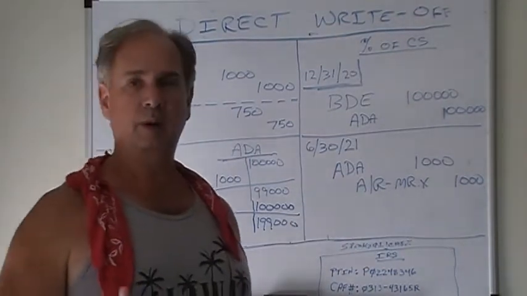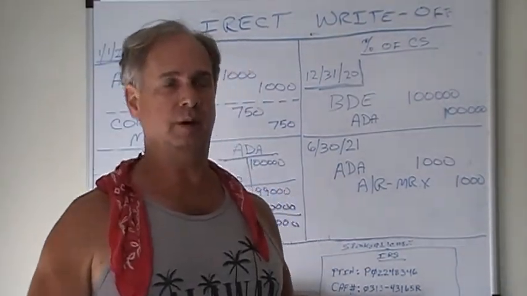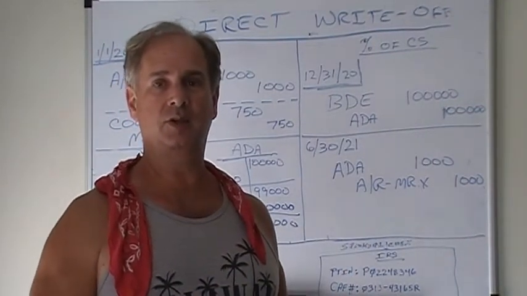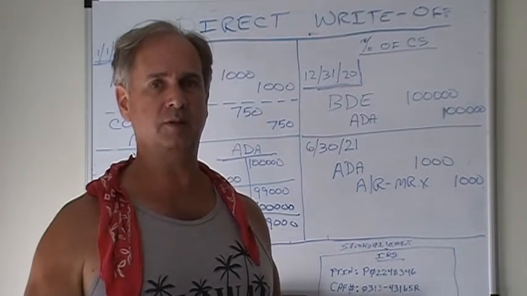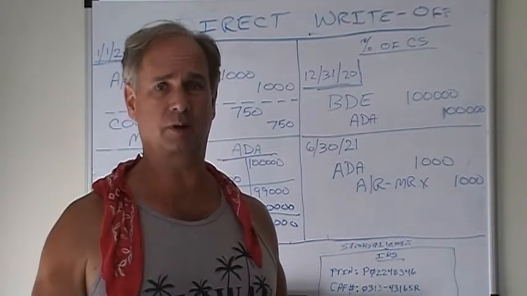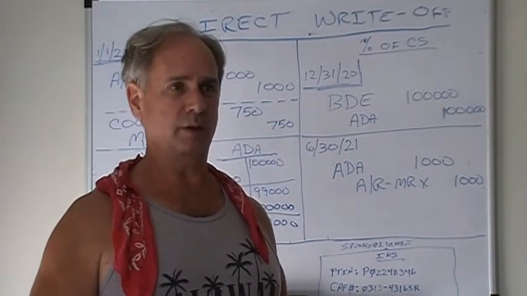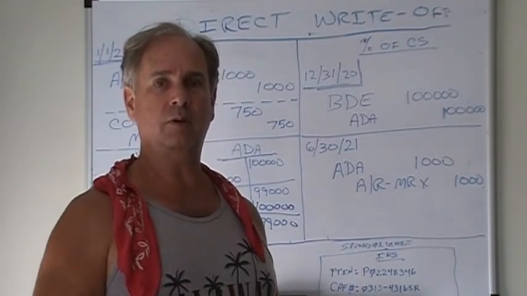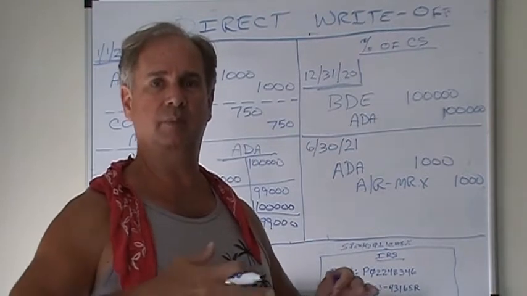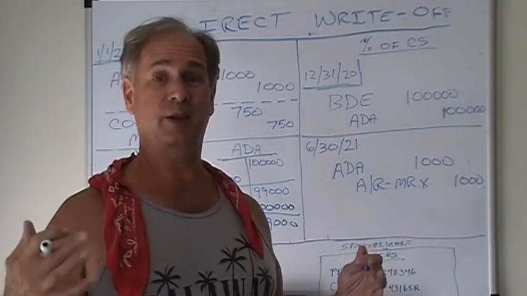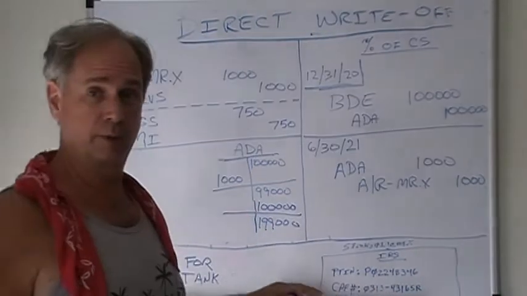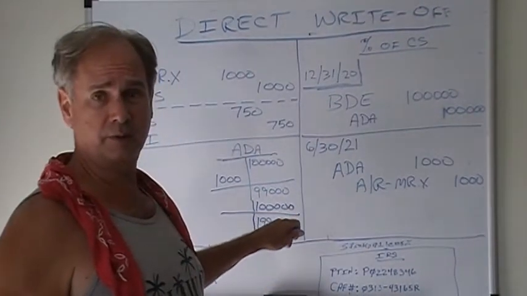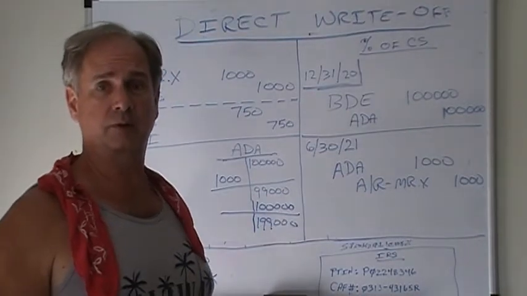Remember, the reason we started this whole thing was to bring some accuracy into the balance sheet. And the allowance for doubtful accounts account is really kind of a question mark to begin with. So maybe the first year we were fairly accurate, but as time goes on, that account keeps getting bigger and bigger and bigger. When you look at the balance sheet, you deduct your allowance for doubtful accounts from your accounts receivable.